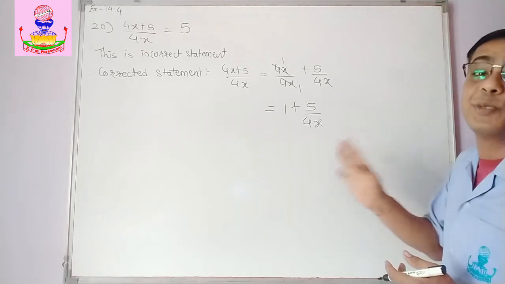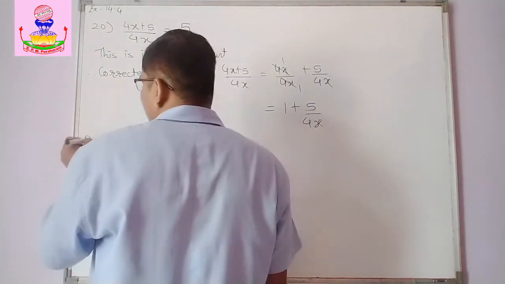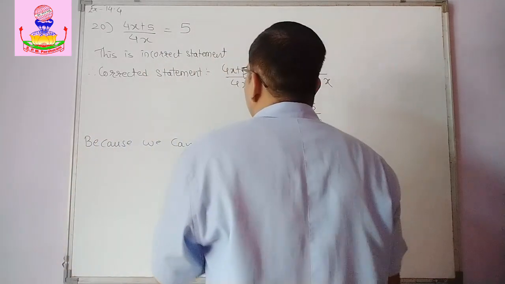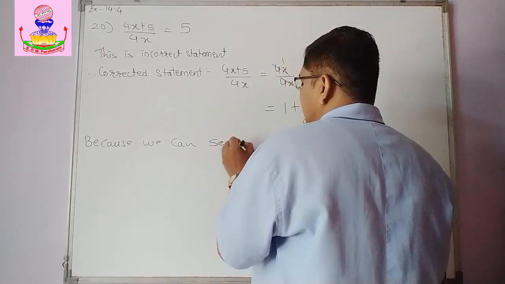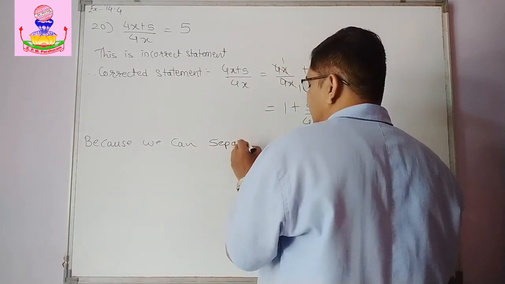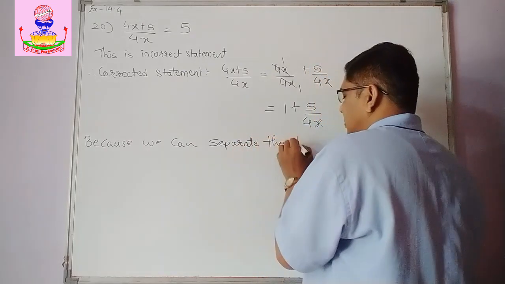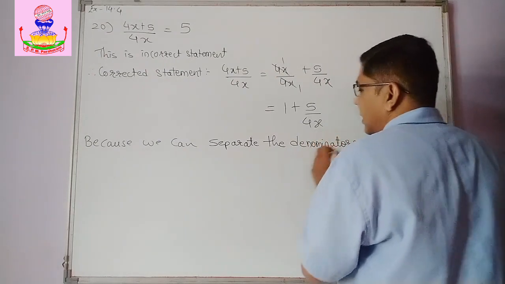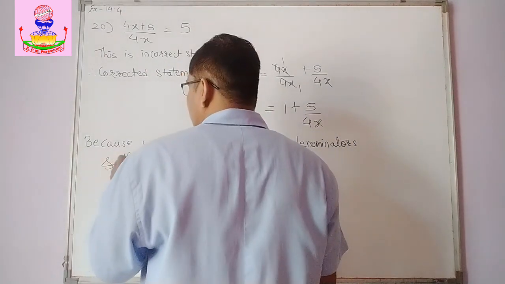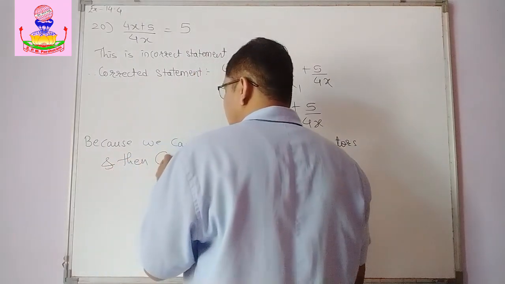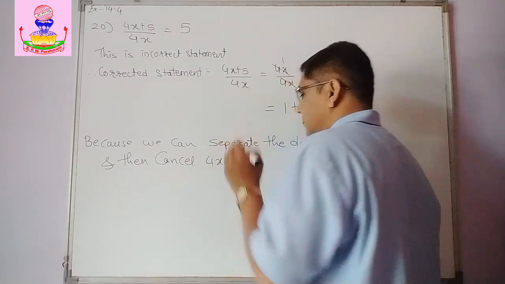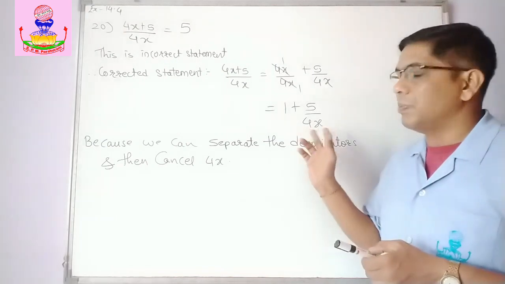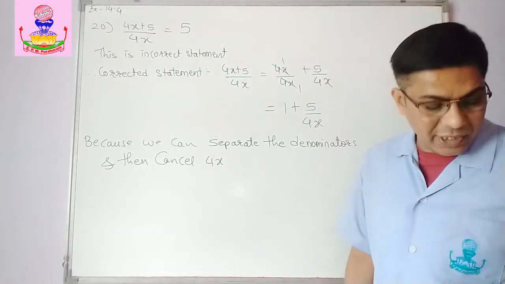Here separation of denominators is possible, because we can separate the denominators and then cancel 4x. Okay, so then we will get the answer 1 plus 5 upon 4x.